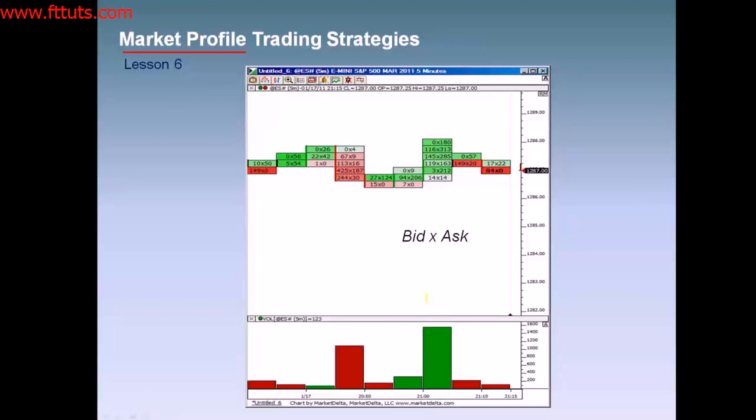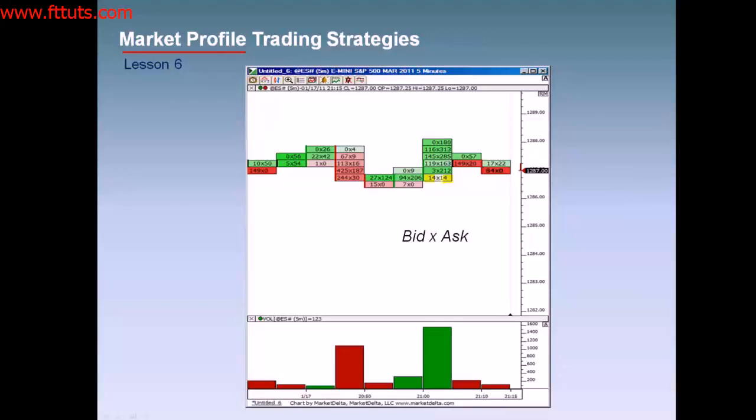But let me begin with this first basic chart, which shows us simple bid and ask. On the left-hand side is the number of contracts that were transacted at the bid. On the right-hand side is the number of contracts that were transacted at the ask.